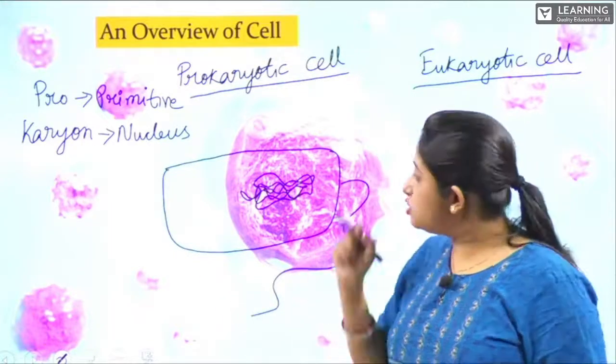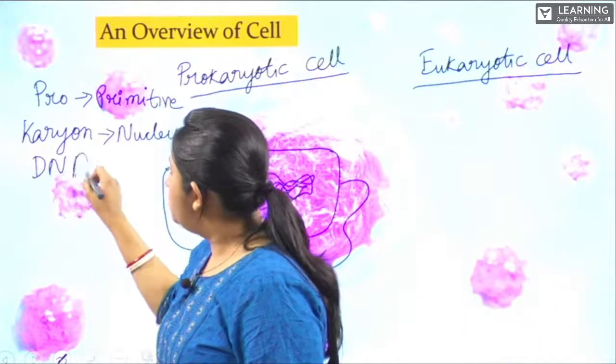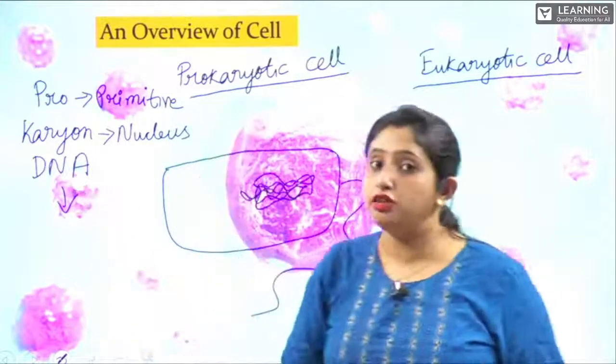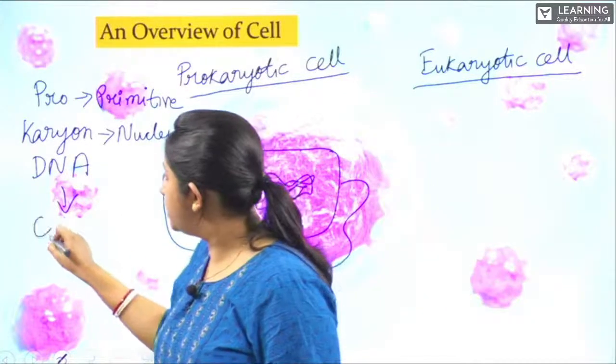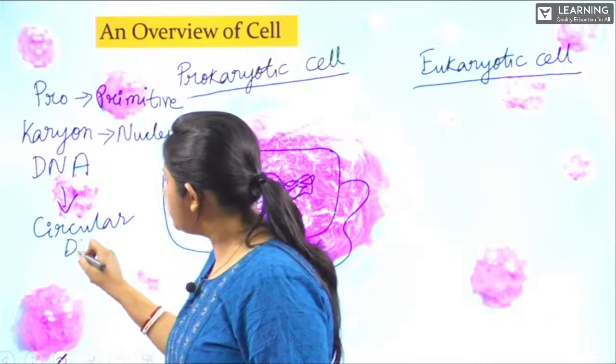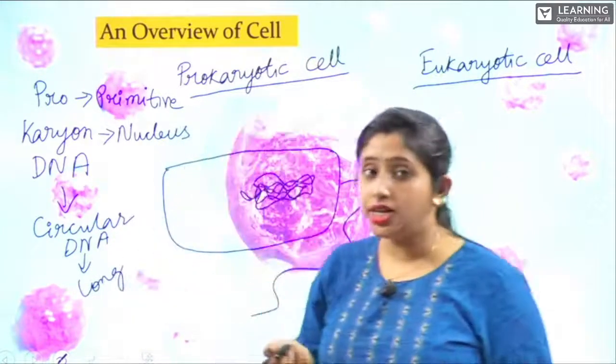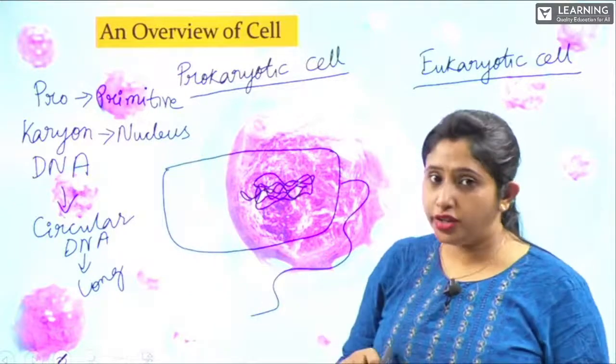In the case of them, they also have DNA as the genetic material, but this DNA is in the form of a circle. That is, they have circular DNA, and the circular DNA is very long.